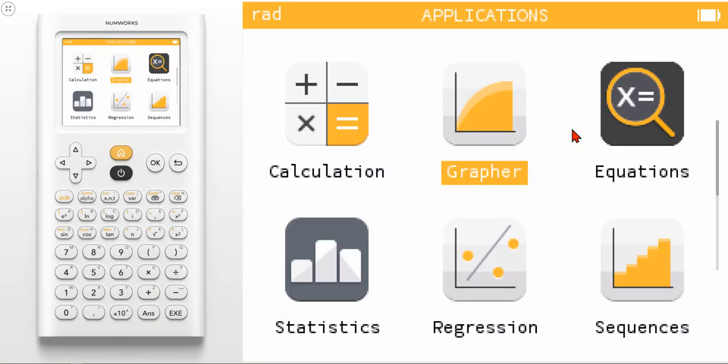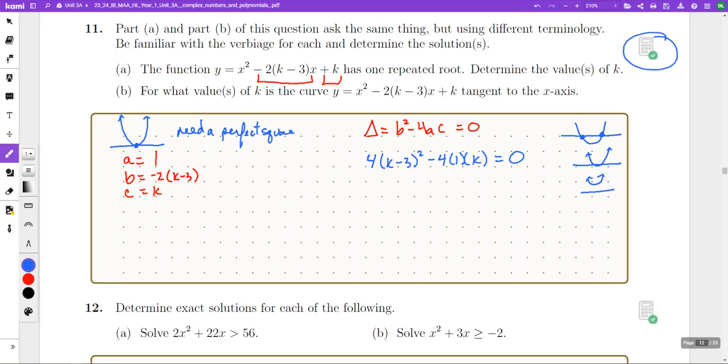And if I come over then to write my answer, solving with GDC, with our graphic display calculator, we found that k needs to be equal to 7 plus or minus root 13, all over 2, right?